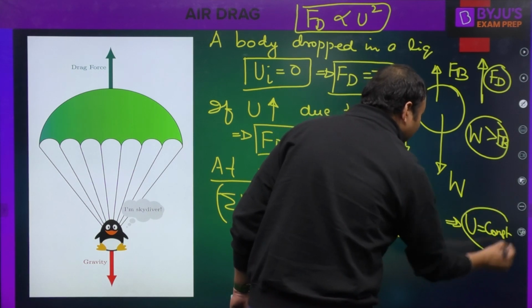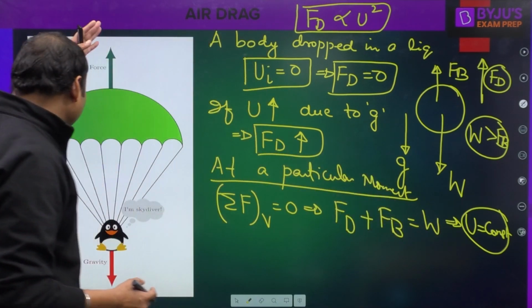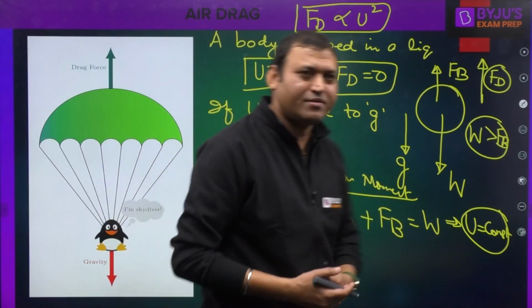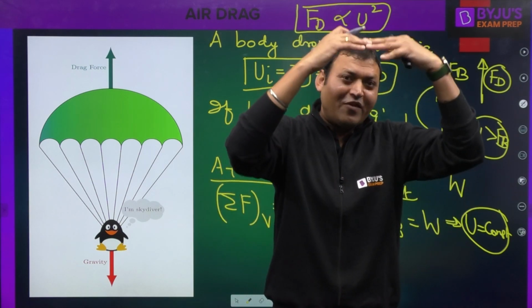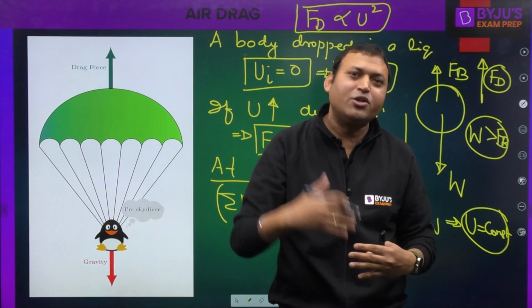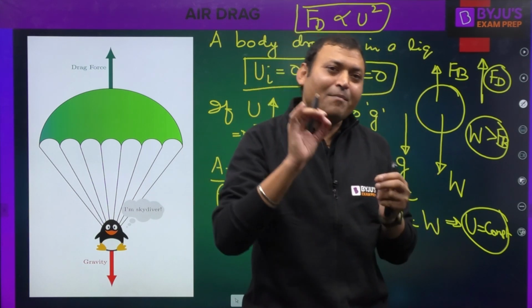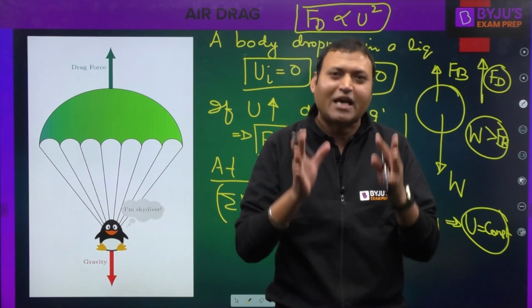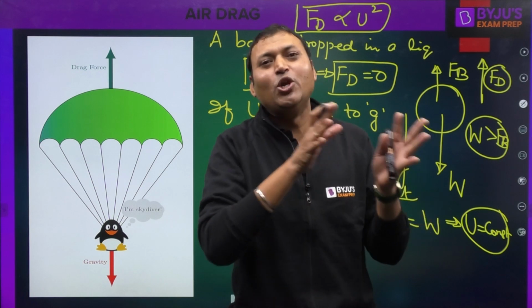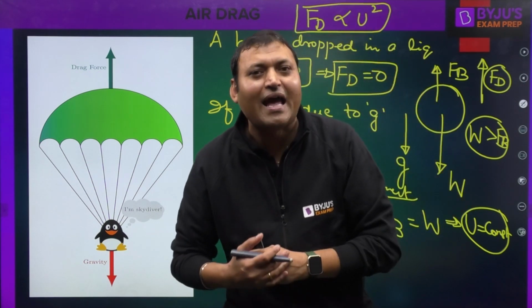So the body will continue moving with the terminal velocity, and that is the concept behind the safe landing of a parachute. Because once there is an acceleration, the velocity keeps on increasing in the downward direction due to gravity, then after some time the net force acting on the body becomes 0 and the body will attain the terminal velocity. It means there will be no further acceleration on the body.